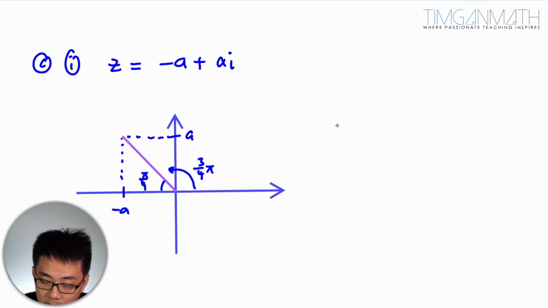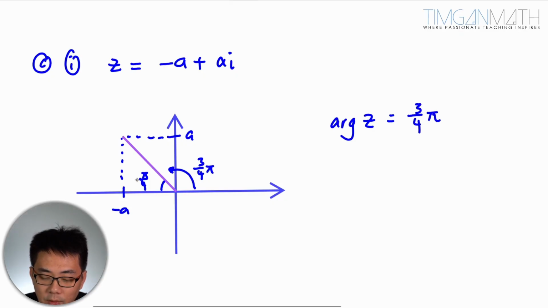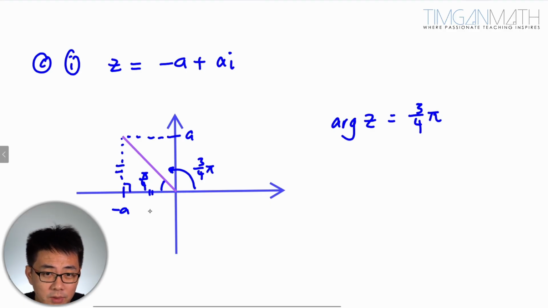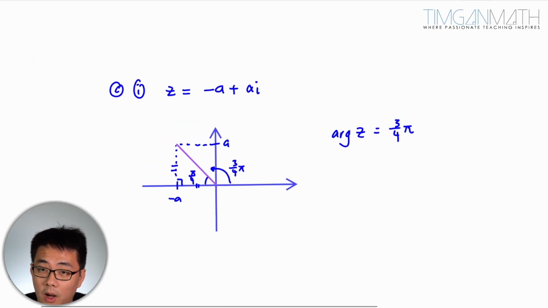So meaning to say, argument of z is just 3 quarter pi. I know pi over 4 is because this length and this length are the same, which is 45 degrees. So 45 degrees is pi over 4, then after which we just take 180 minus 45, that will be 3 quarter pi.